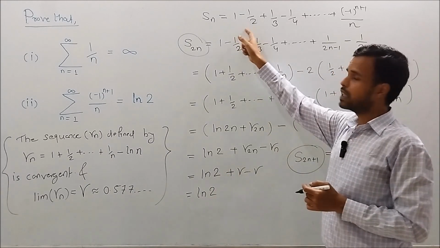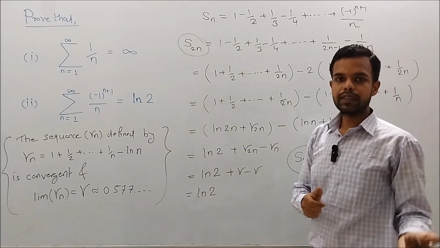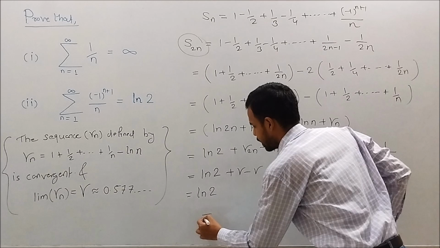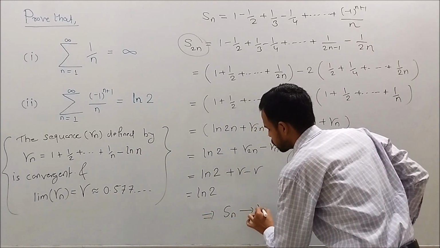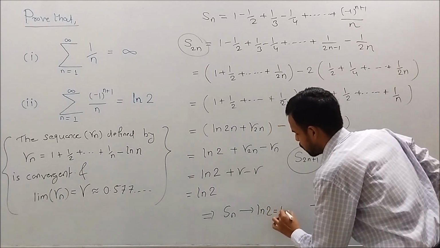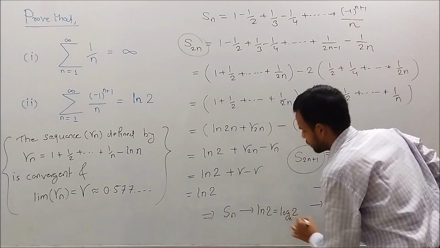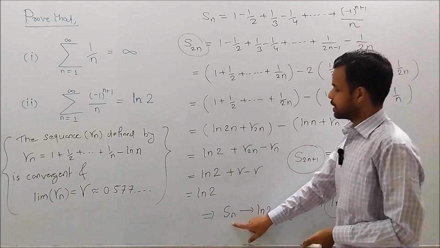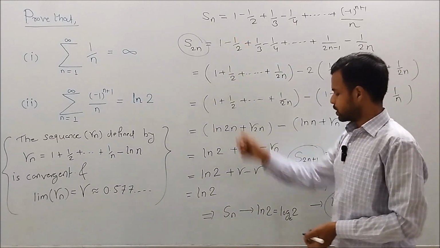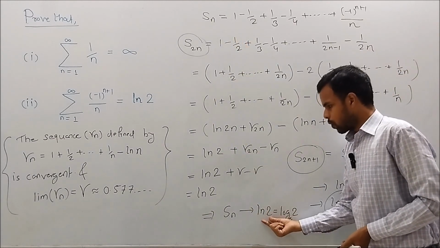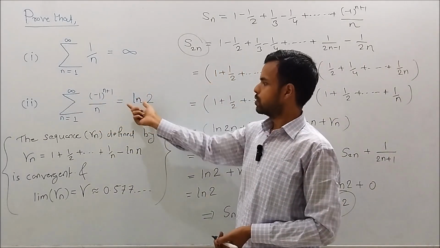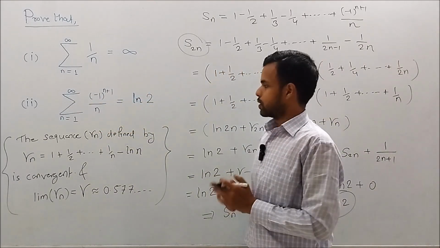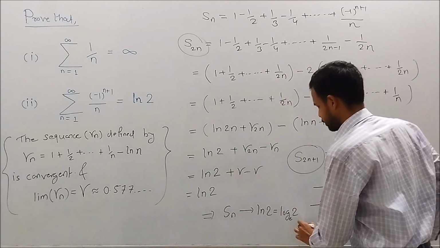Hence our original sequence converges to the same limit. So this implies the sequence Sn converges to natural log of 2, that is log 2 to the base e. And as the sequence of partial sums converges to natural log of 2, hence the series converges to natural log of 2. So this proves the second part.